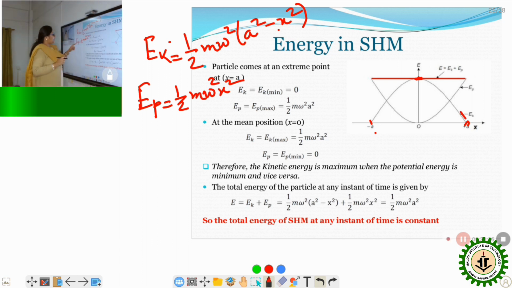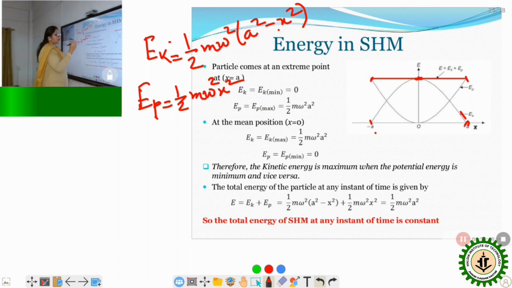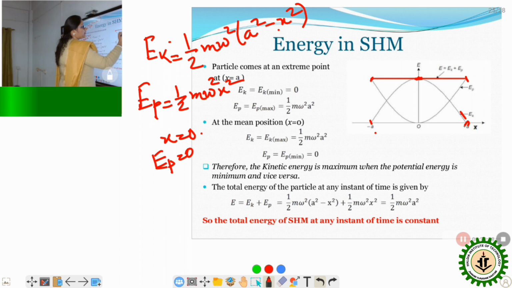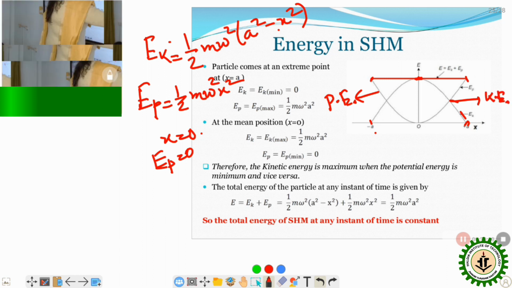Okay. And when we consider the potential energy, when we put x equals to a, we get the maximum value here, EP. And when x equals to 0, EP is 0. So this part is giving you the potential energy, and this one is giving you the kinetic energy.